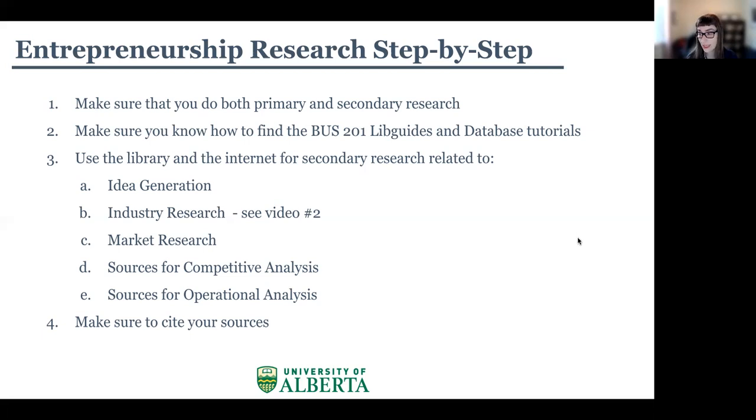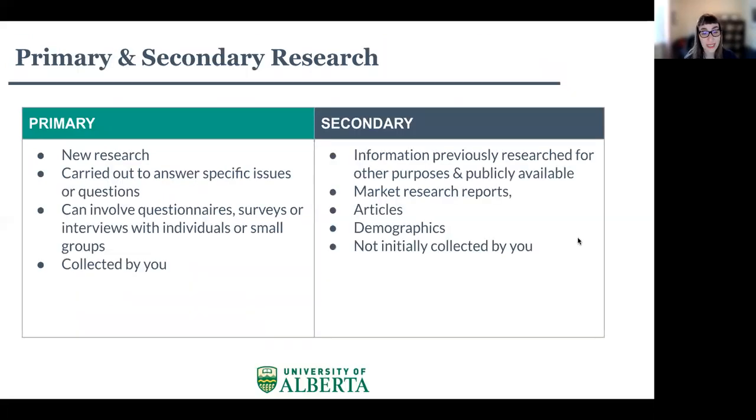Now, when we talk about business research, you may hear the terms primary and secondary research or sources. Primary research is new research carried out to answer specific issues or questions. So it can involve questionnaires, surveys, or interviews with individuals or small groups.